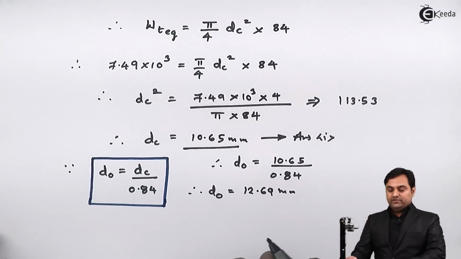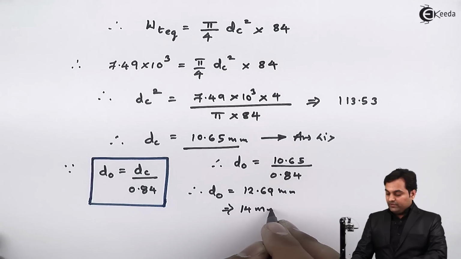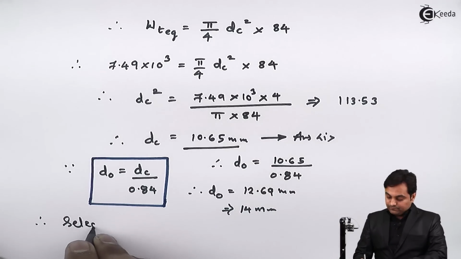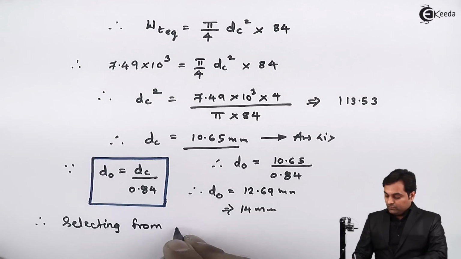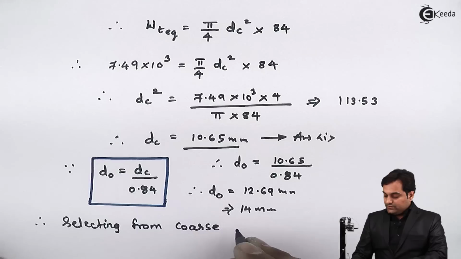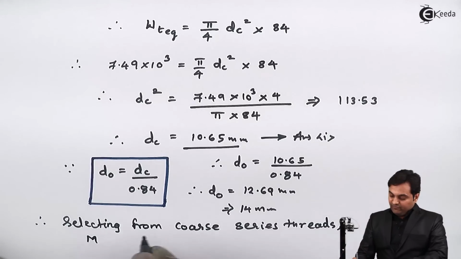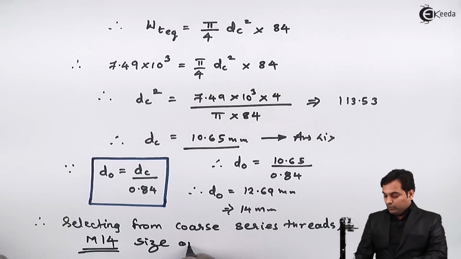Now we can round off this value up to 14 mm, so we can say that therefore selecting from coarse series threads M14, that would be the size of the bolt, M14 size of bolts.